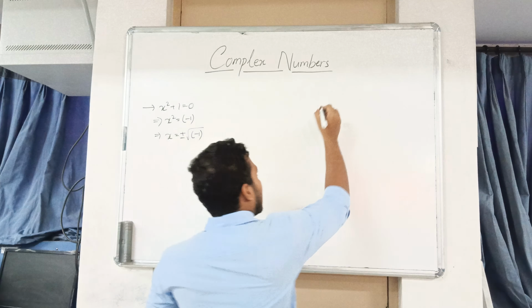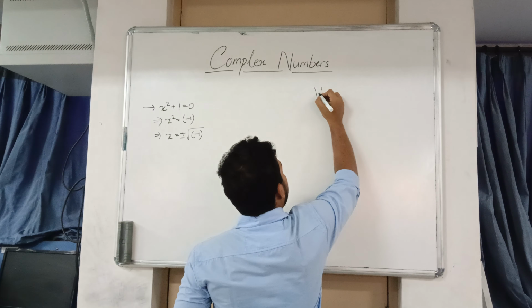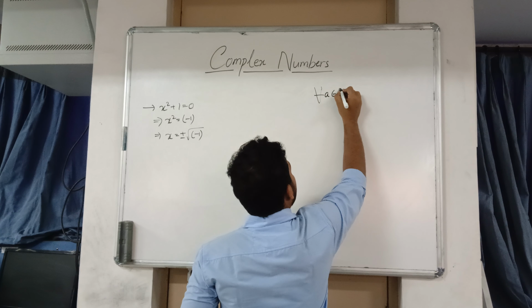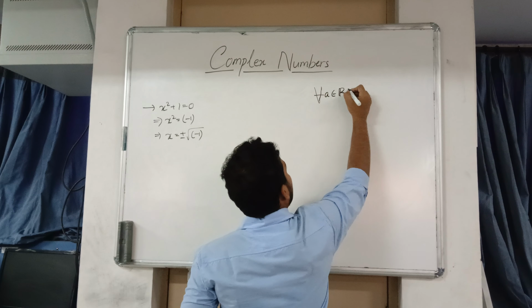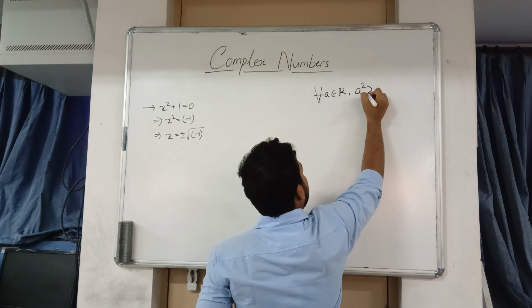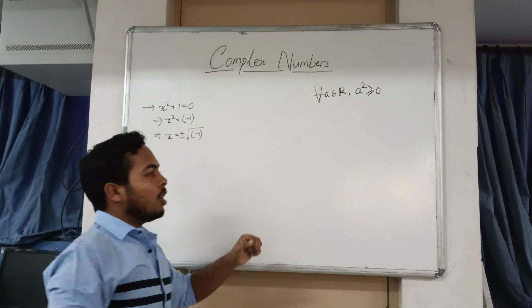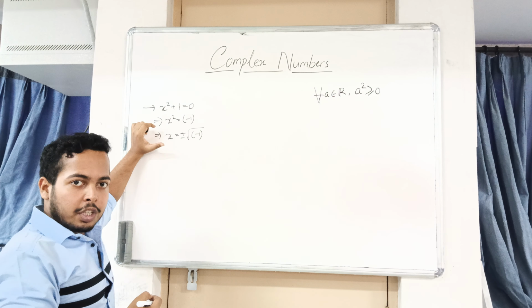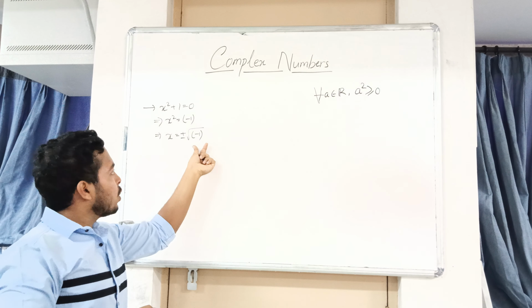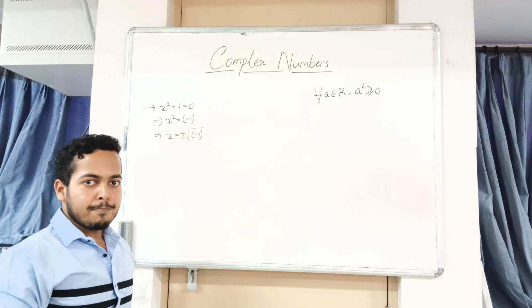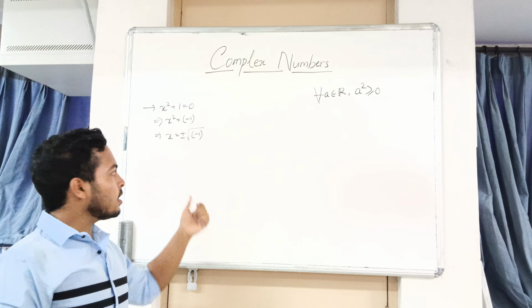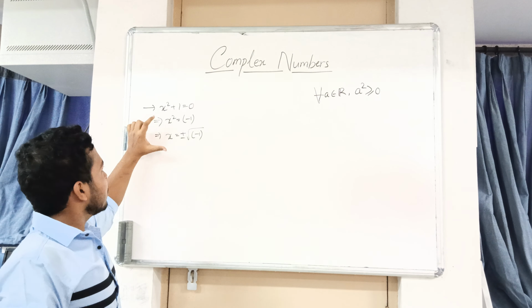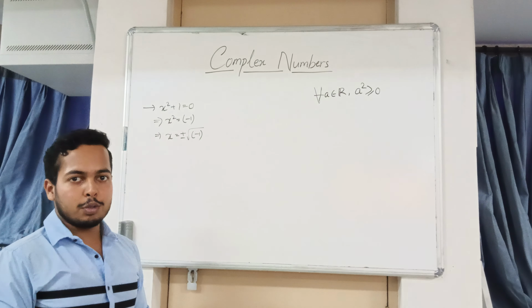That is, for all a belongs to R, a square is greater than or equal to 0. But in order to find the root of this quadratic equation, I need to find the square root of a negative quantity.